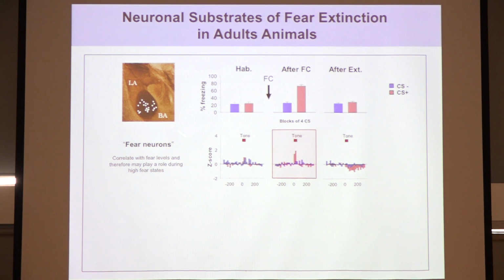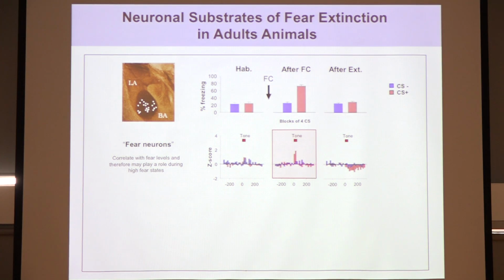What you can see for these fear neurons is that you get an increased activity when you play the CS plus after conditioning, but these neurons are silent after extinction learning. They are even inhibited. So this is the first category of neurons we recorded in the basal amygdala.